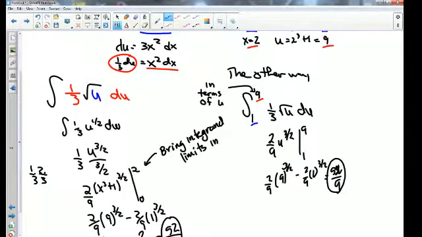It's right here. When you do the antiderivative, u to the 3/2 divided by 3/2, you have to copy dot flip: 1/3 times 2/3. And that gives us our constant. That's all we have time for.